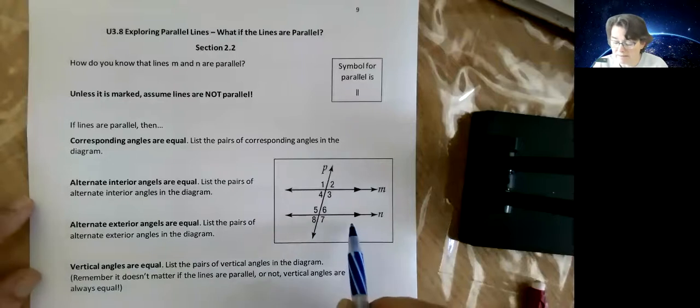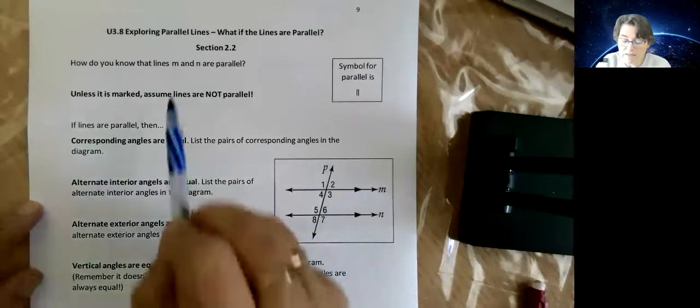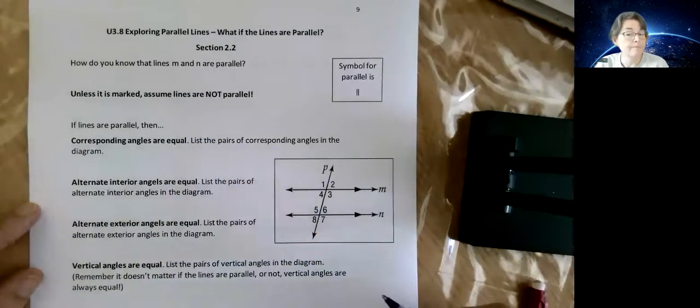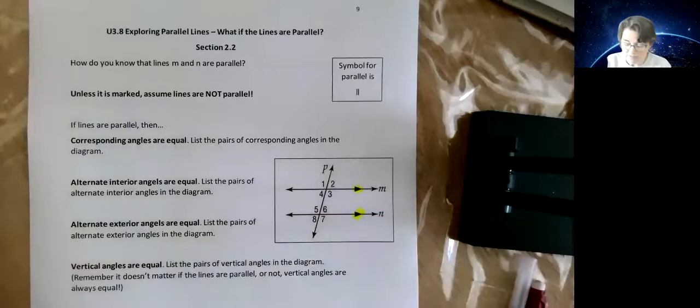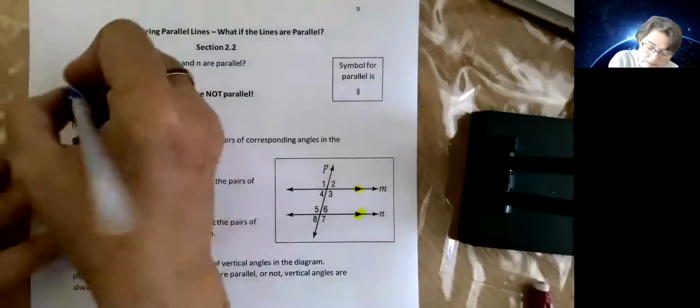We got a lovely little diagram sitting down here. How do you know that lines M and N are parallel? Of course, and I will just highlight them. Those little arrows on the line.